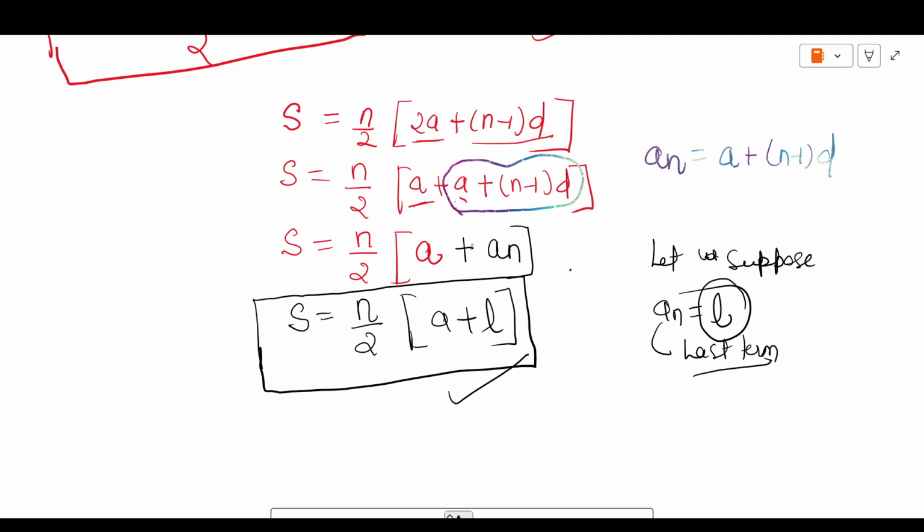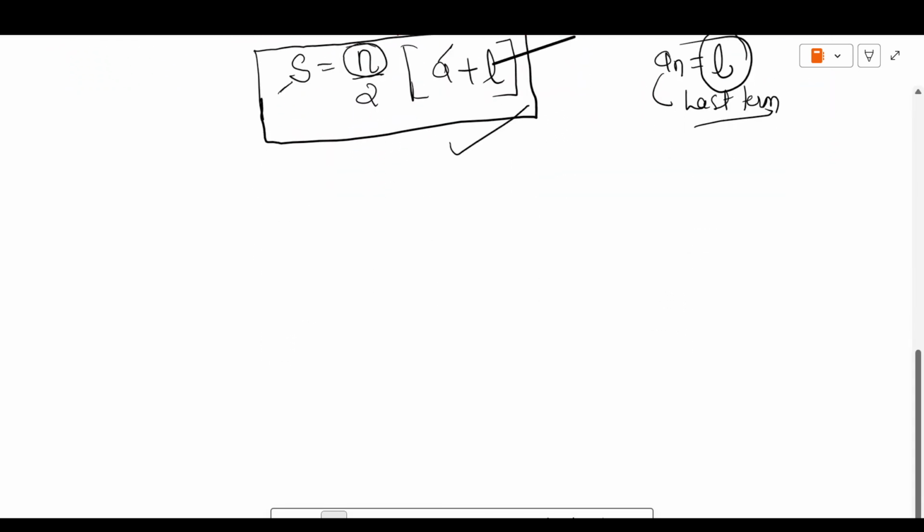So this is another formula for finding the sum, if you are given the first term and last term and you know the number of terms, then you can directly find the sum.